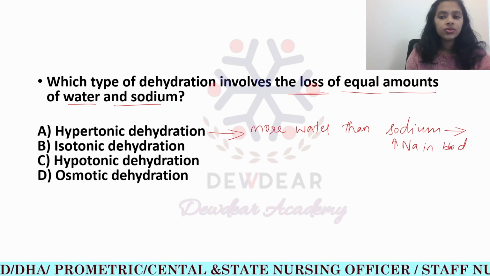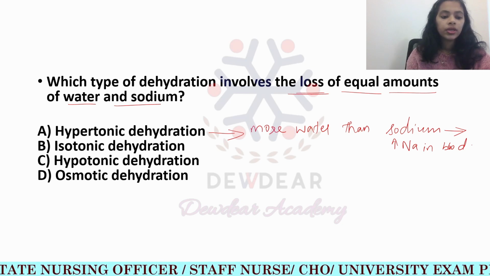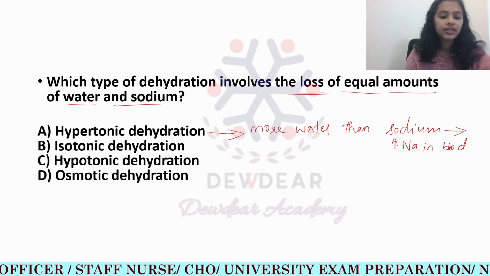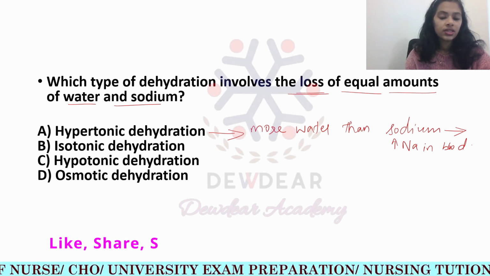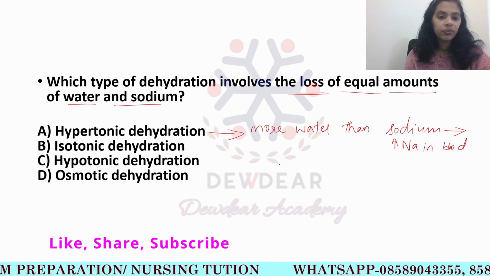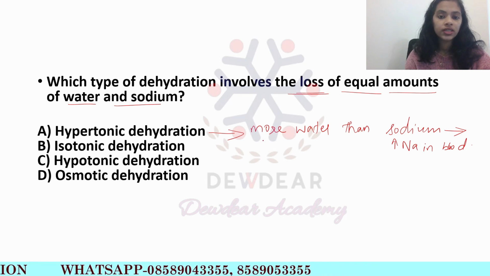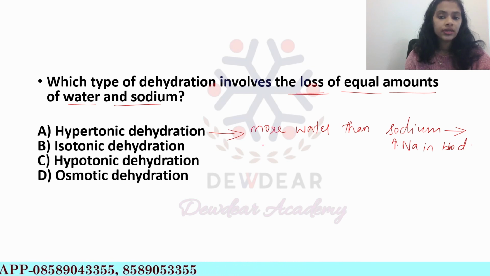That leads to cellular dehydration, because water moves out of the cells to balance the higher osmolarity of the extracellular fluids. So hypertonic dehydration occurs if there is loss of more water than sodium.